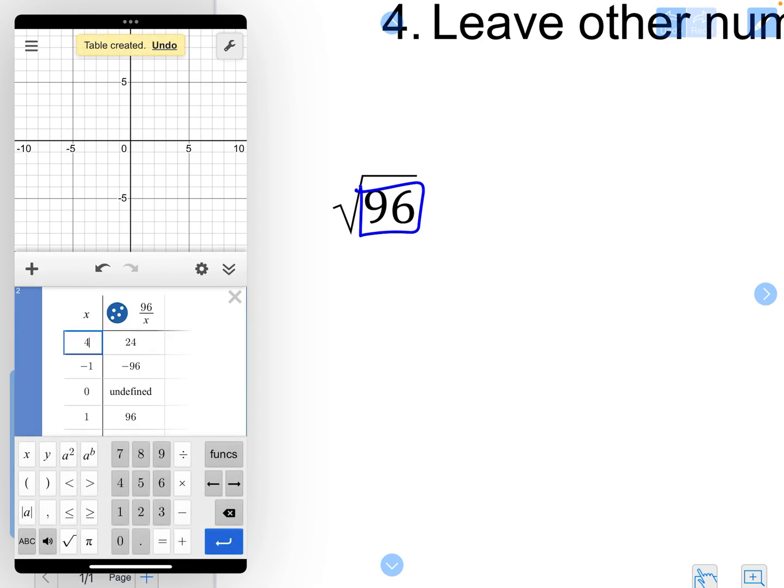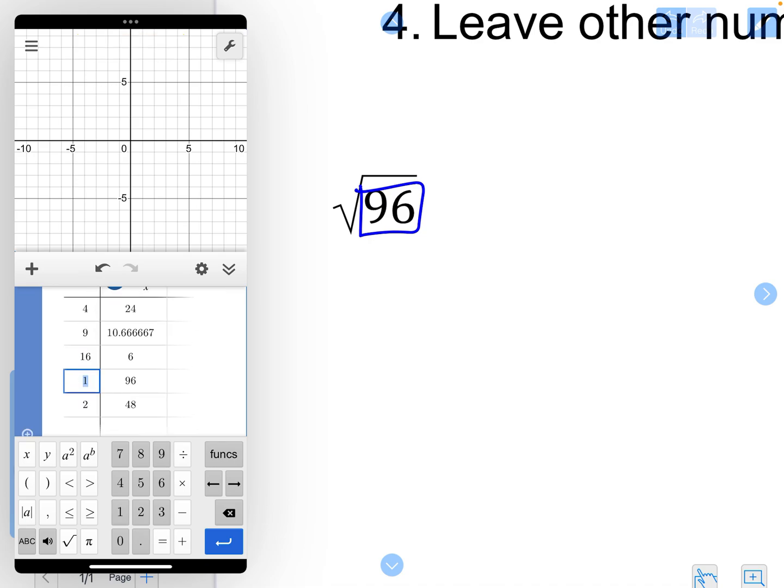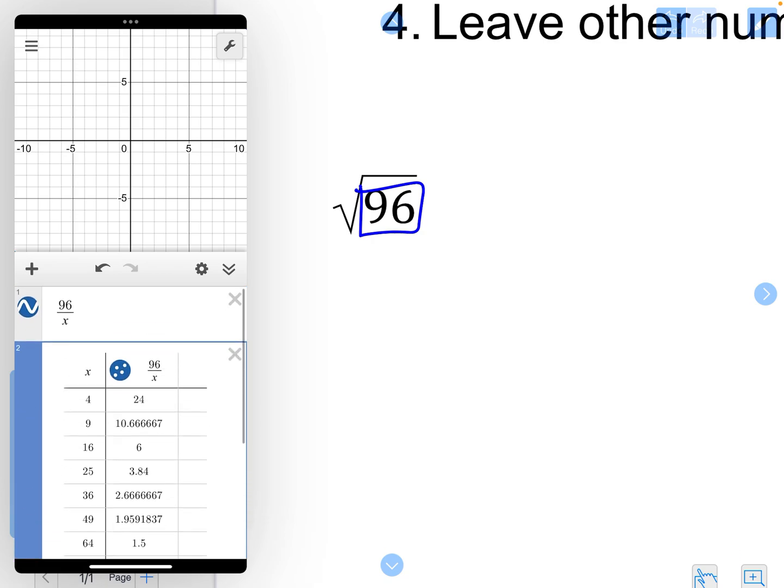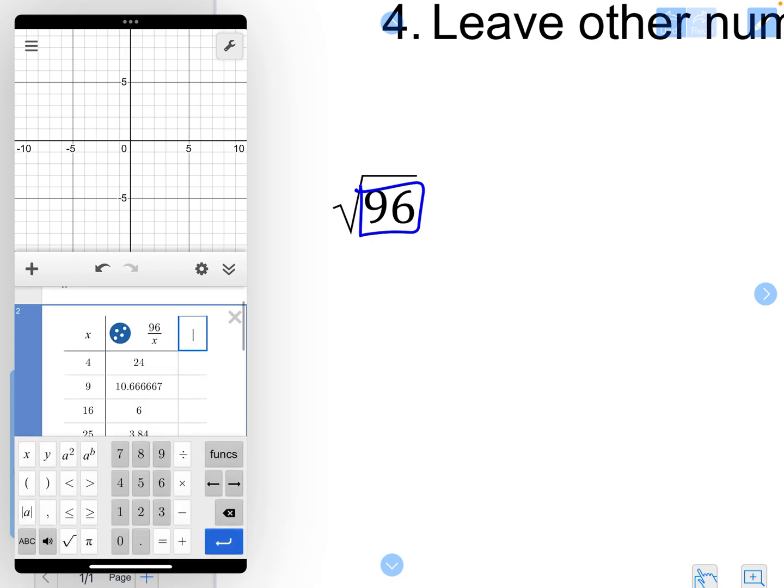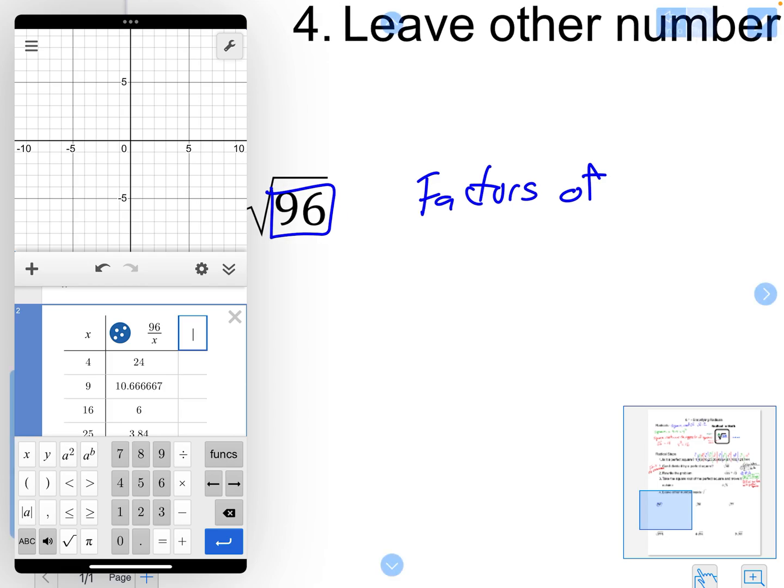On the table, I'm going to type in all of my perfect squares: 4, 9, 16, 25, 36, 49, 64, 81, 100. I usually don't need to go to 121 or 144, but I'll put them in just in case. On this table, I'm looking for factors of perfect squares.